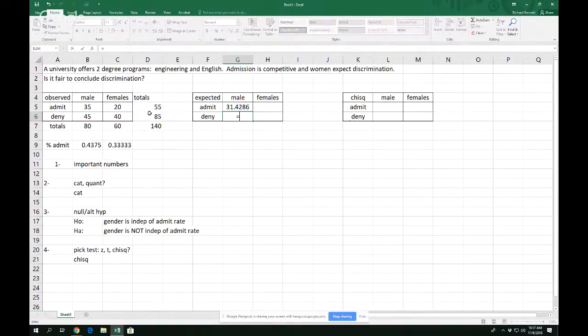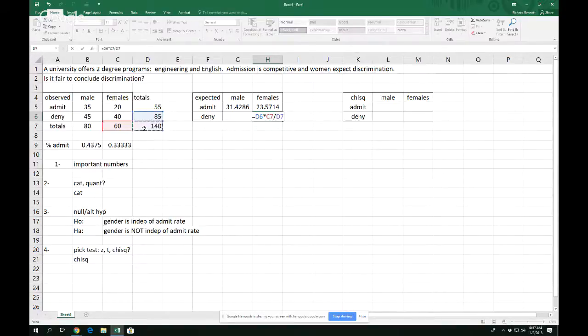I'm going to do the row 2 total times the column 1 total divided by the grand total. Now I'm in row 1, column 2. I'm going to do the row 1 total times the column 2 total divided by the grand total. And now I'm in row 2, column 2. I'm going to do the row 2 total times the column 2 total divided by the grand total.